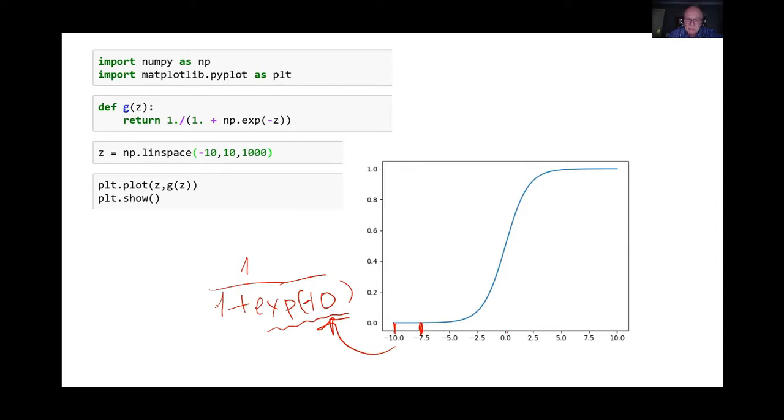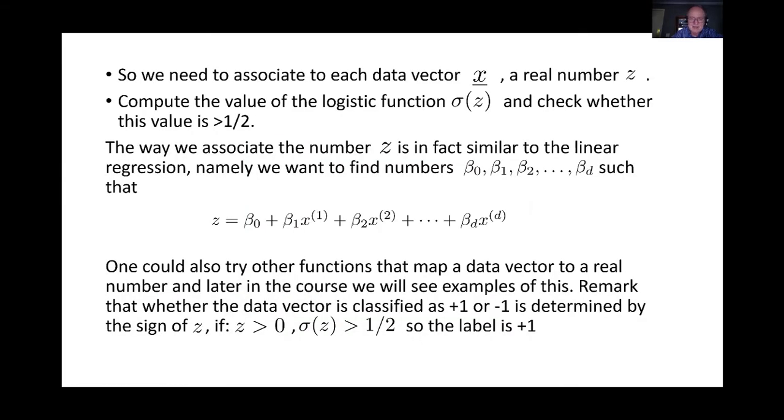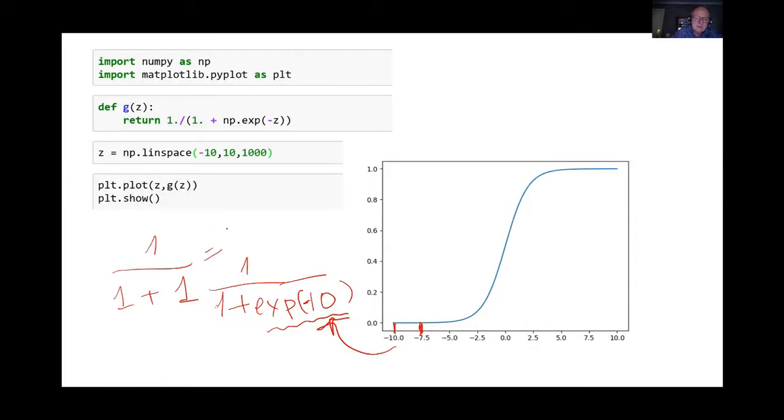At 0, right here, the value of the logistic function is 1 divided by 1 plus the exponential of 0. The exponential of 0 is 1, so it's 1 divided by 2. So at 0, the value of the logistic function is precisely a half.